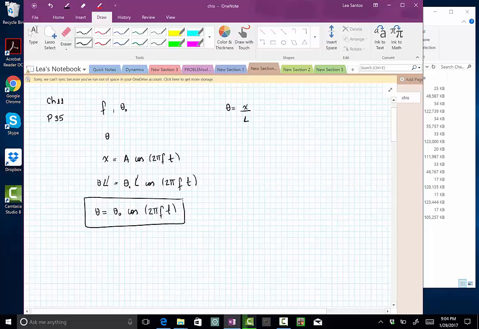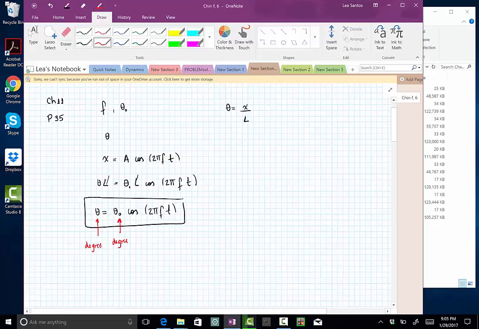Very good. Now let's be very, very, very careful here. This angle theta 0 is given to us in degrees, which means the angle theta will also be obtained in degrees.